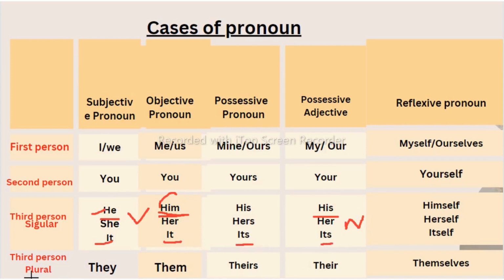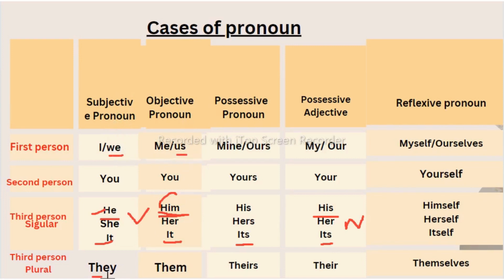Now let's see the third person plural. Here we were talking about singular, here we are talking about plural. So in the third person obviously we use they in the subject place. And in the object we use the term them. You can see here students, in the first person we, which we use in the subjective pronoun, will change to us in the object.